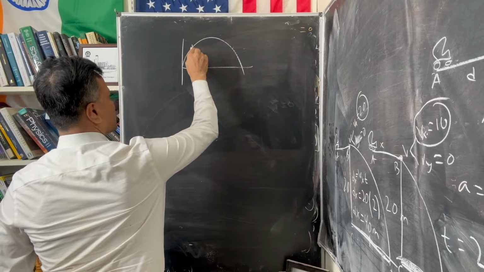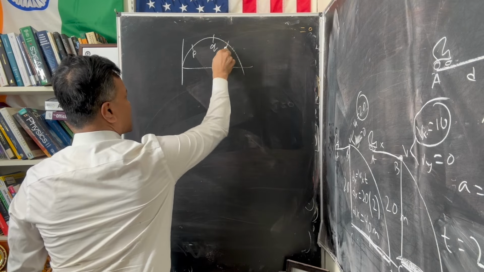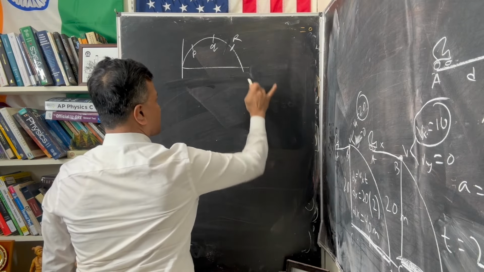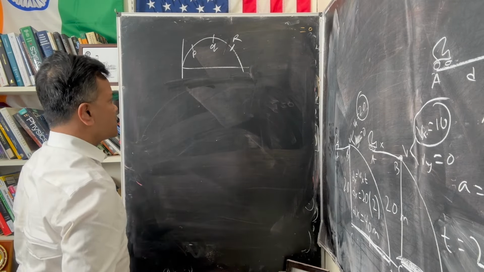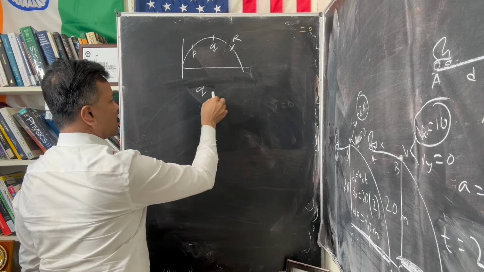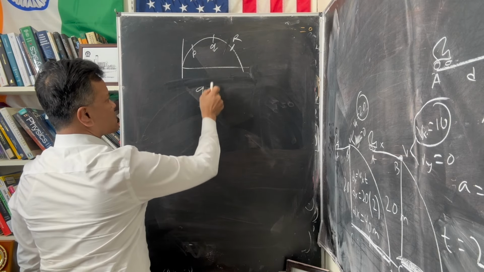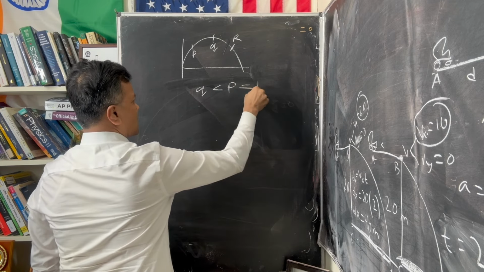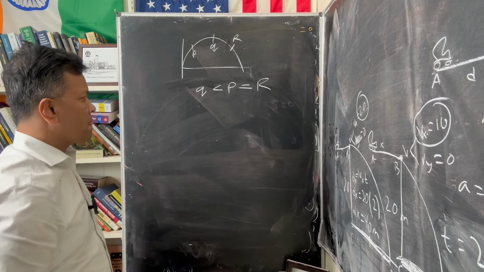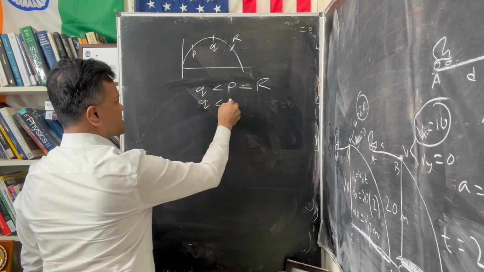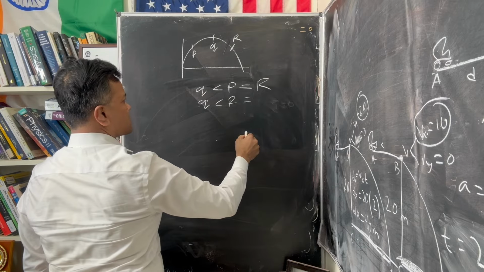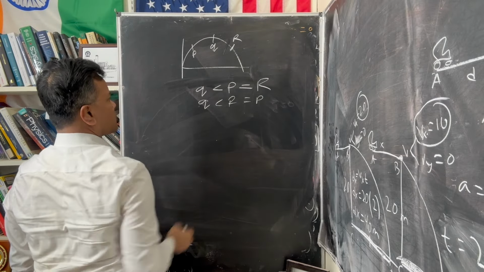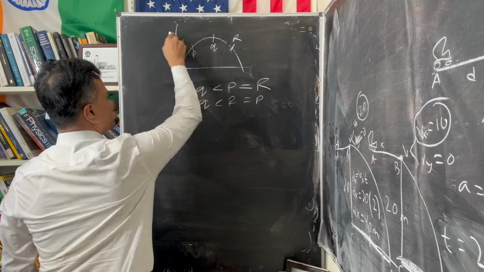I give you P, I give you Q, and I give you R. R is kind of here. And as you know, Q is higher than P, which is R. Or you can say Q is higher than R, which is P. So the speed at P and R are the same.